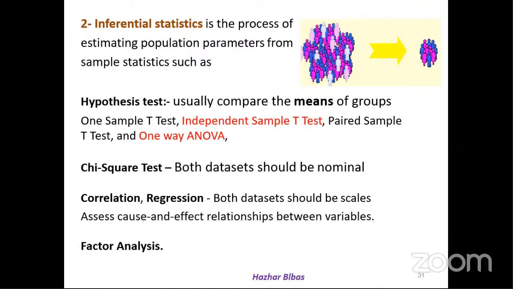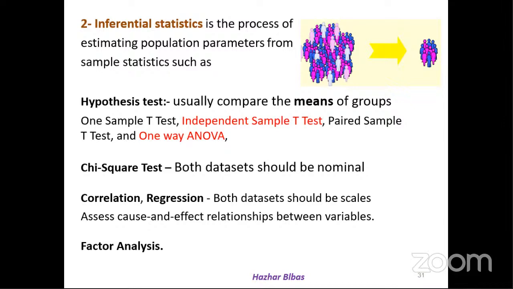Factor analysis. In factor analysis, if you have a lot of variables, you're going to make some common clusters or factors. In each factor, you're going to put some variables. For example, if you have 40 variables, divide them into 6 factors.